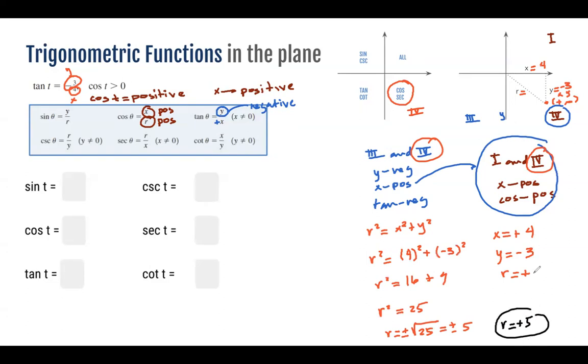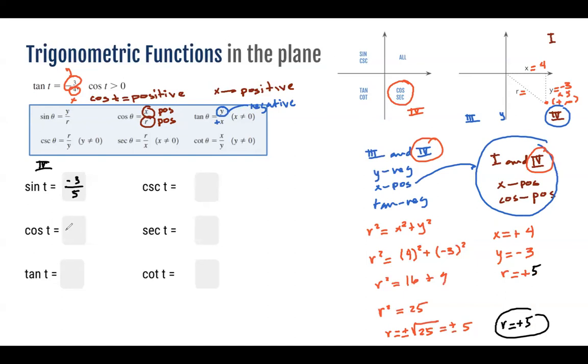So now that we have all the variables, we can find the ratios. So y, -3, divided by r, 5. And it makes sense that sine is negative because if we're working with a coordinate in quadrant number 4, we're expecting only cosine and secant to be positive.